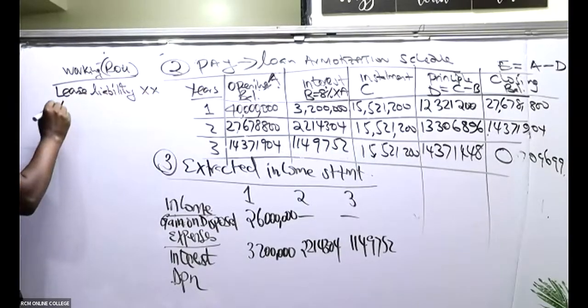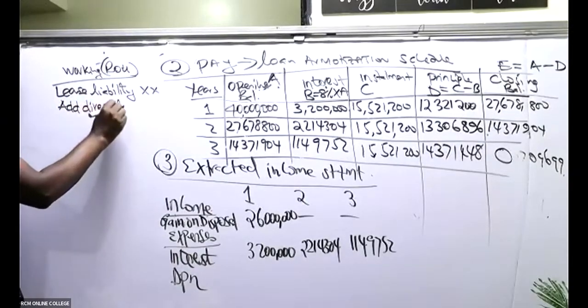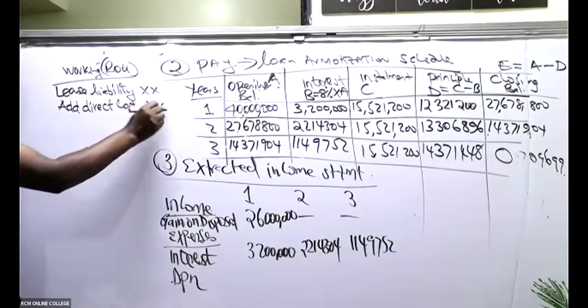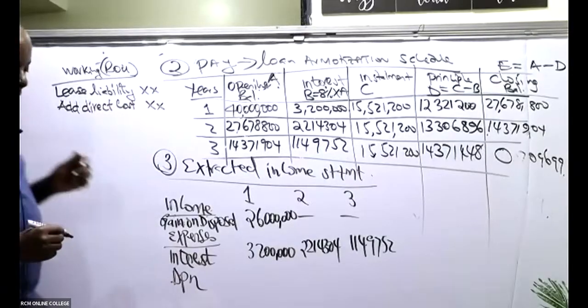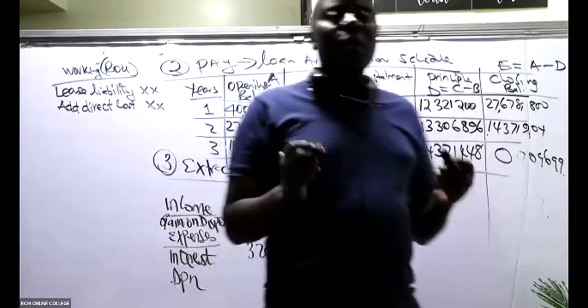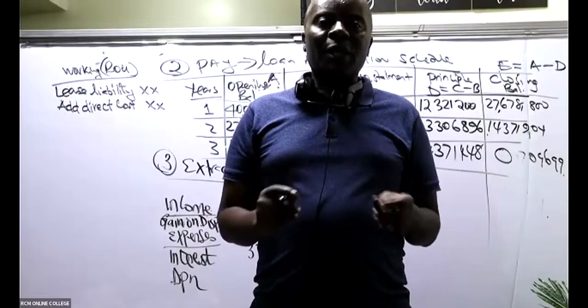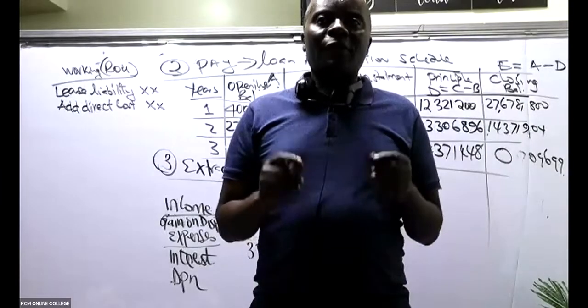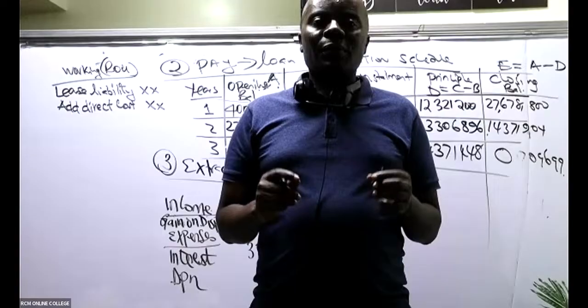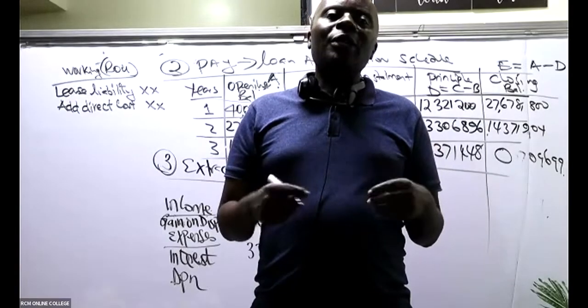You will add any direct costs you incurred. So for example, like ourselves, once we leased this space from the landlord at Stanbank, there are those direct costs.